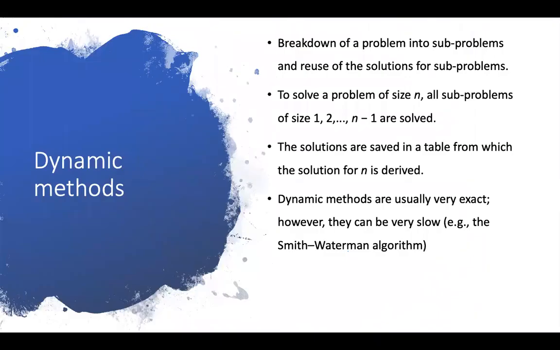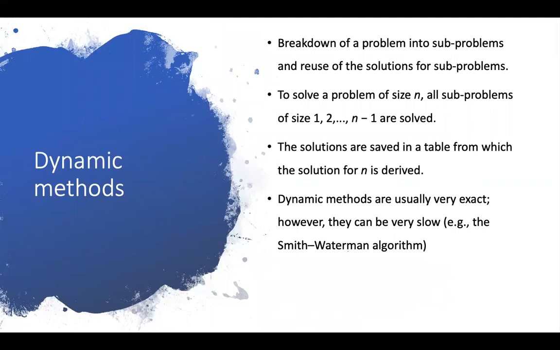So dynamic methods are the methods in which we break down a problem into subproblems and use the solutions for subproblems. Basically, we divide the problem into smaller subproblems, find solutions for each of them, and then merge the solutions to get the overall solution.